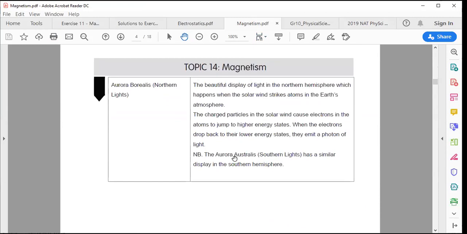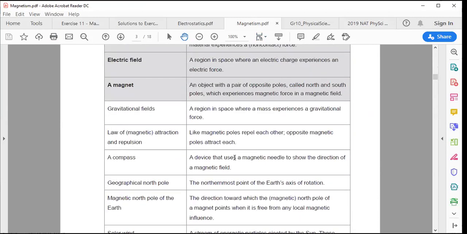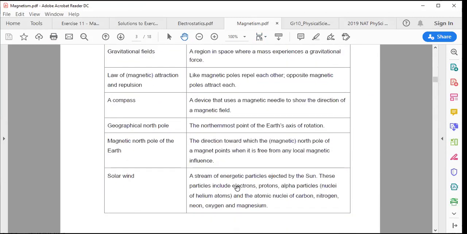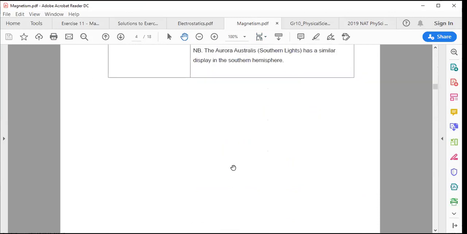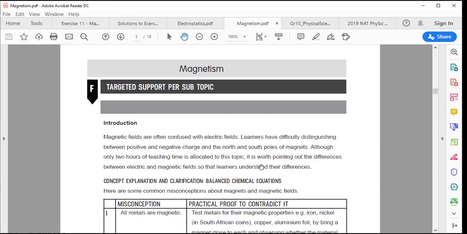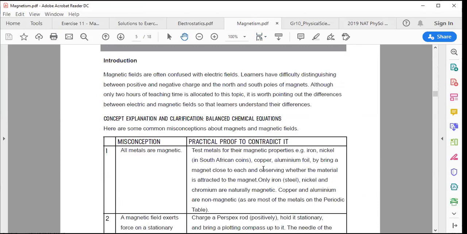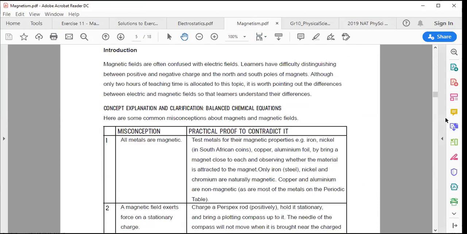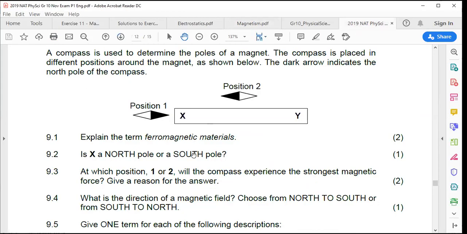Ferromagnetic material, do I have it here? No. Okay, ferromagnetic materials are materials that are strongly attracted by a magnet or by a magnetic field. So those are ferromagnetic materials. They are materials that are strongly attracted to a magnet. Clear?